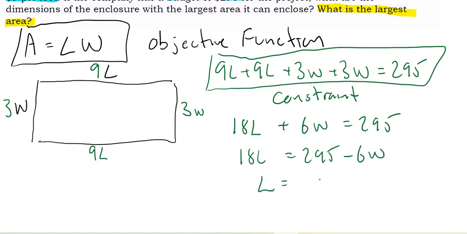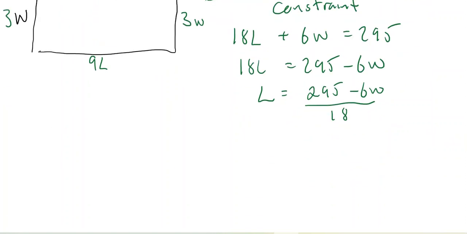So L is equal to 295 minus 6W divided by 18. And now we can substitute that into our objective function.